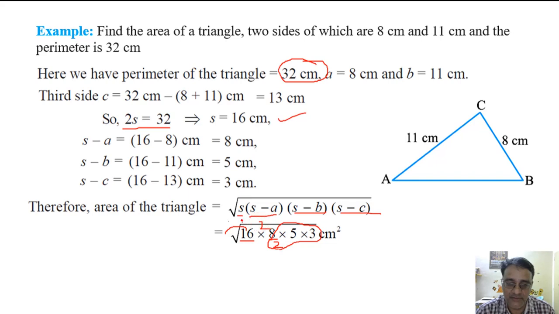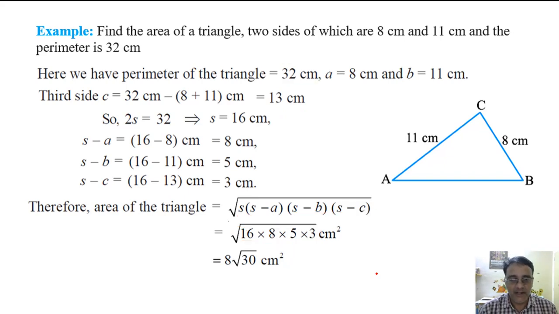And 2 and 4 we will get out. So we'll get 8 root 30 centimeters square. Any doubt? No, sir. Okay. Now this is not a mandatory step. You can directly substitute here and proceed with the calculation.